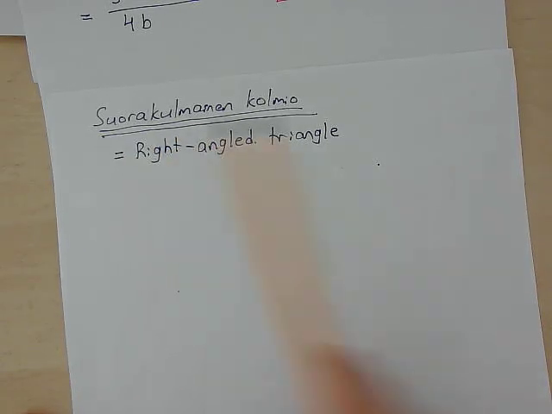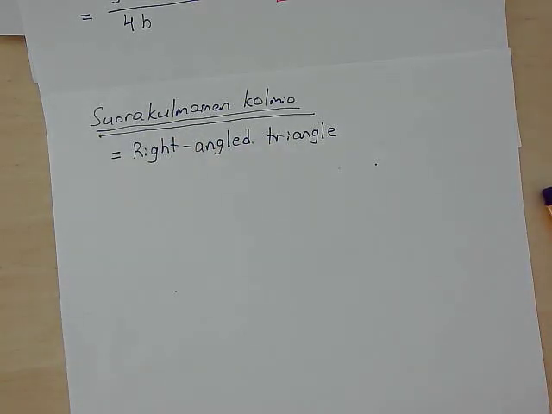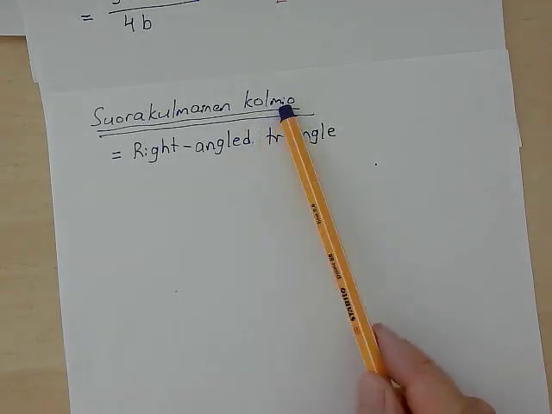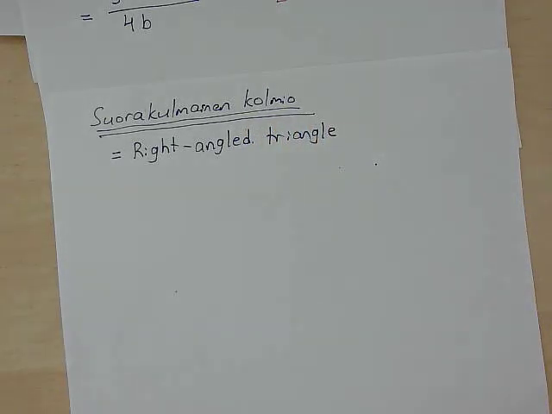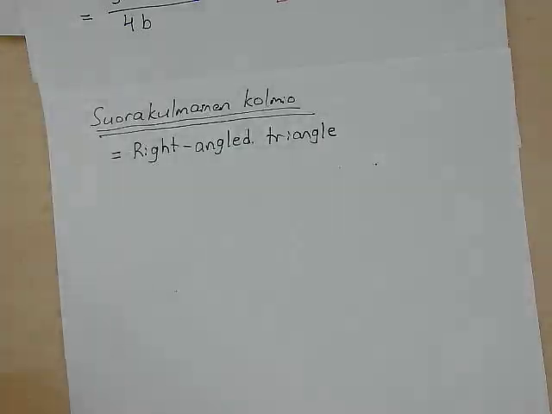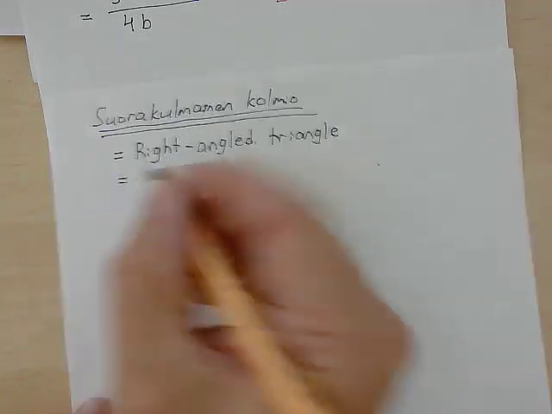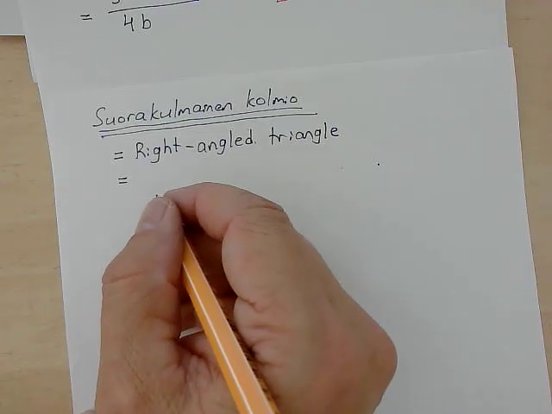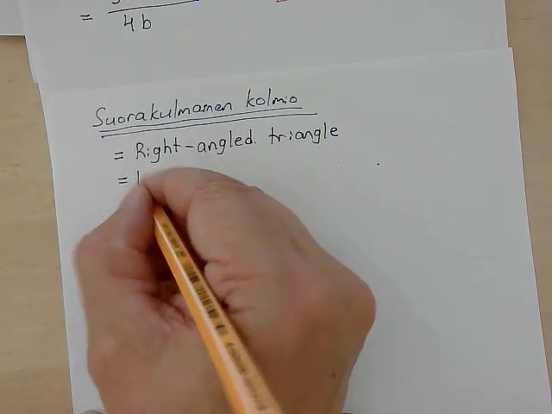In Finnish, this suora, in this case, means the angle which is 90 degrees. And kolmio is triangle. In this paper I used the word rectangular triangle. That is also an okay name, but maybe you are more used to right angle triangle.